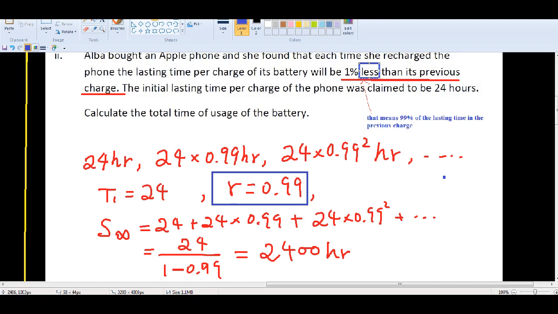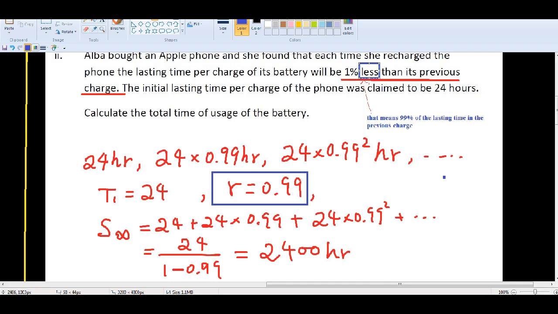You won't buy a phone which, when you charge it once, next time you get only 1% of the lasting time of the previous charge. That just sounds ridiculous, isn't it? So actually this 1% less means it will be 99% of the previous lasting time.